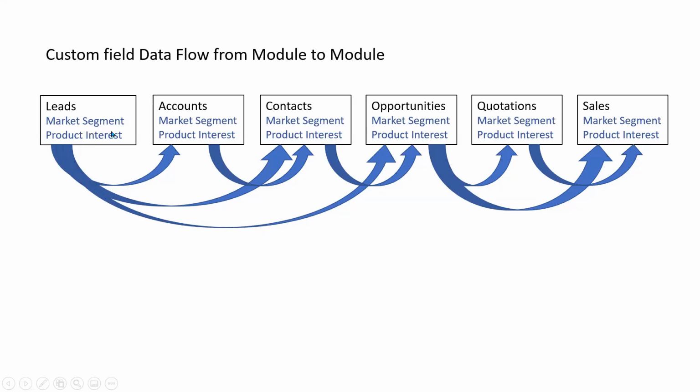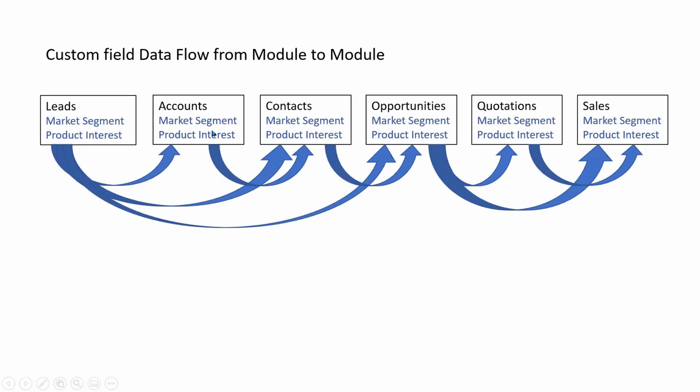If you don't use the leads module, the good news is now that data will flow from accounts to contacts, and then from contacts to opportunities when you create new records, okay? So before the break in the chain was between accounts and contacts, and we have since added this functionality, so you don't have to use leads to get the data to flow.